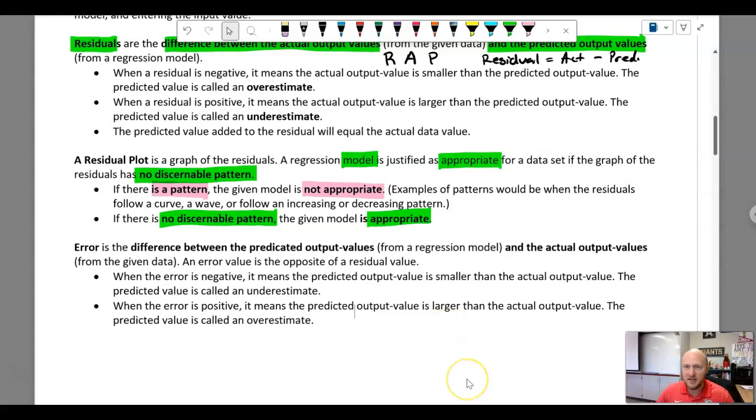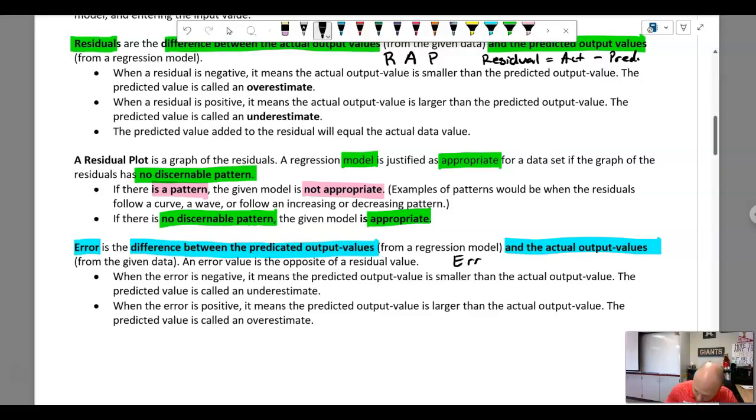And then lastly, a residual has an opposite or a counterpart, which we call an error. And again, I don't store error in my brain. Error is the reverse.